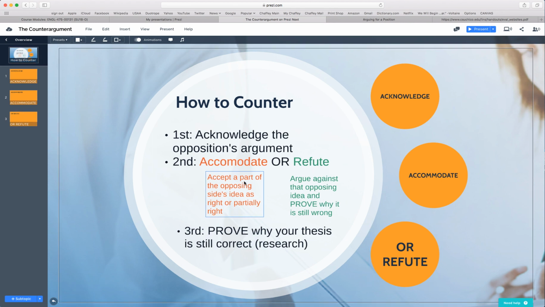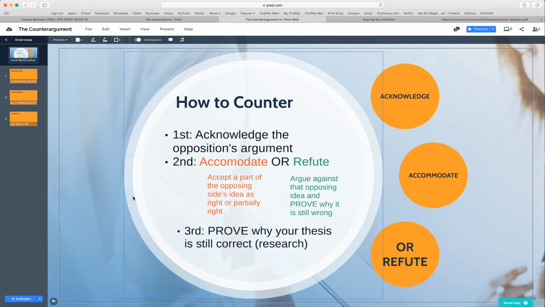Again, if you're unclear of how to approach this, whether you should accommodate or refute, I would ultimately try to refute if you can. A refutation just simply says that we're going to say why that opposing idea is wrong, and we're going to prove that it's still wrong. In an accommodation, essentially we're saying that, yeah, the opposing side, they're right or they're partially right, and here's why.